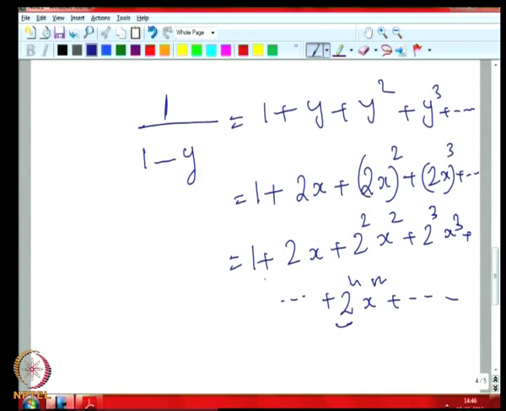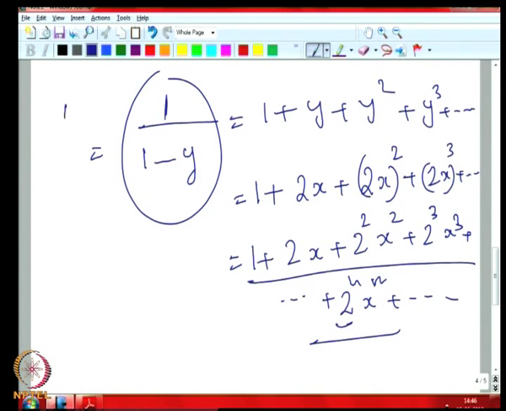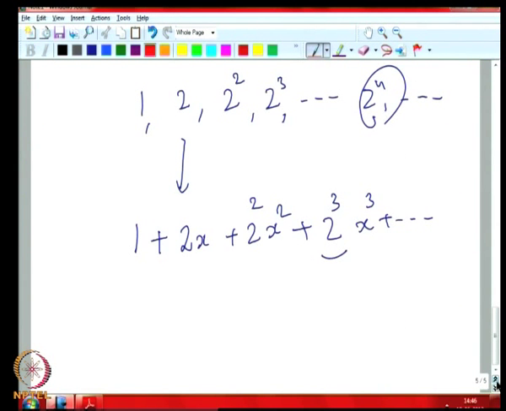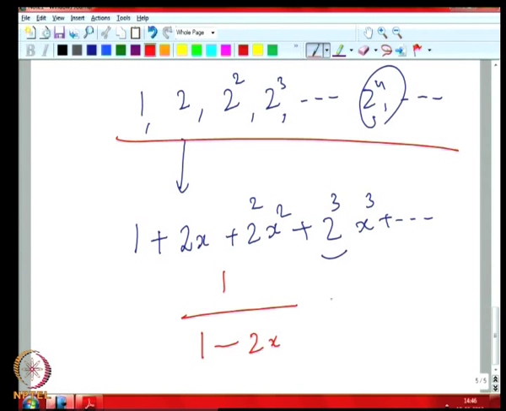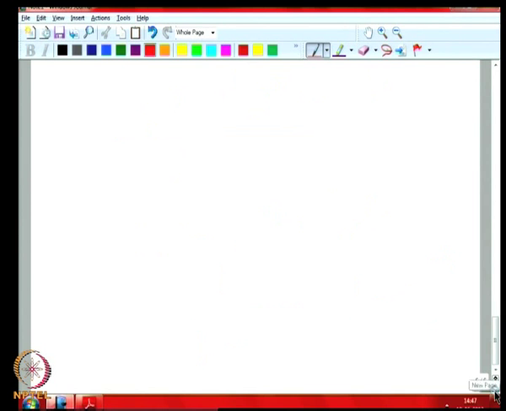So that is exactly what we are getting here, and this is 1 by 1 minus y, that is 1 by 1 minus 2x, right. So we get the generating function for this sequence is 1 by 1 minus 2x, or we can also write it as 1 minus 2x to the power minus 1, right.